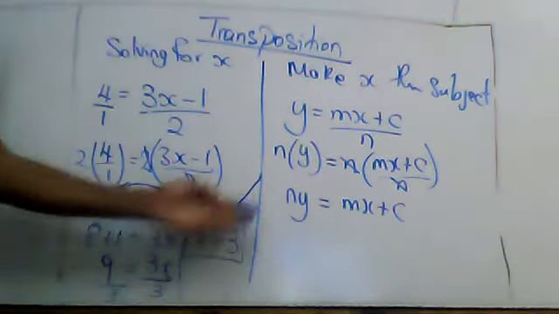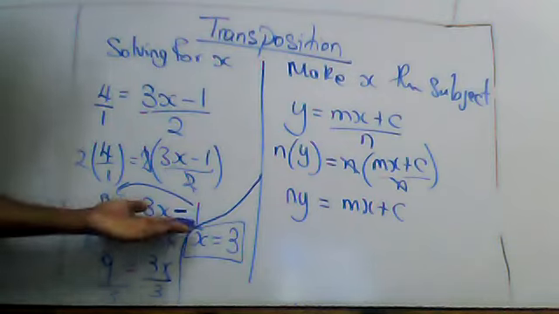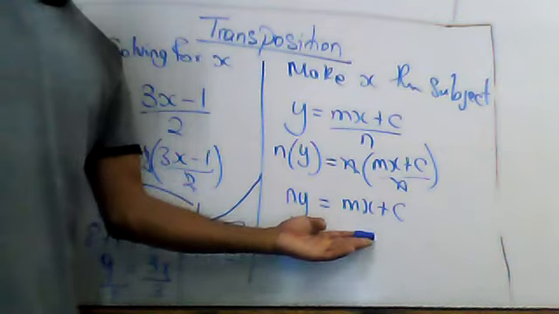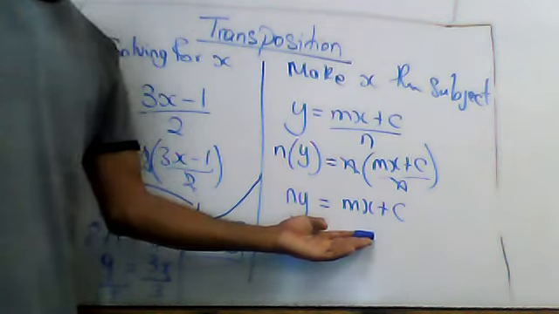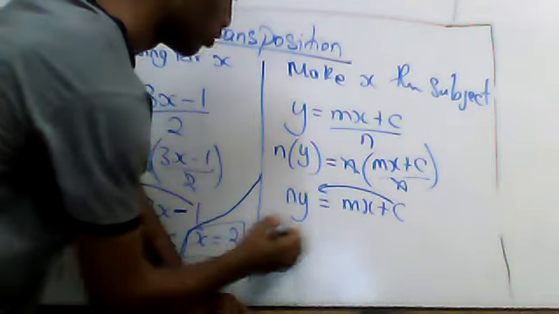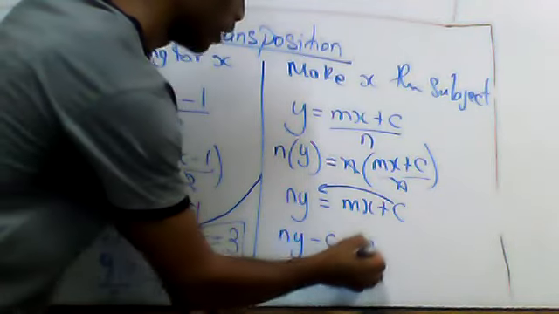Now, when we were at this stage of solving the linear equation question, we collected like terms. It's the same procedure we're going to apply here. It's just that instead of collecting like terms, we're going to bring over the c and subtract it. So it's going to be ny minus c equals mx.